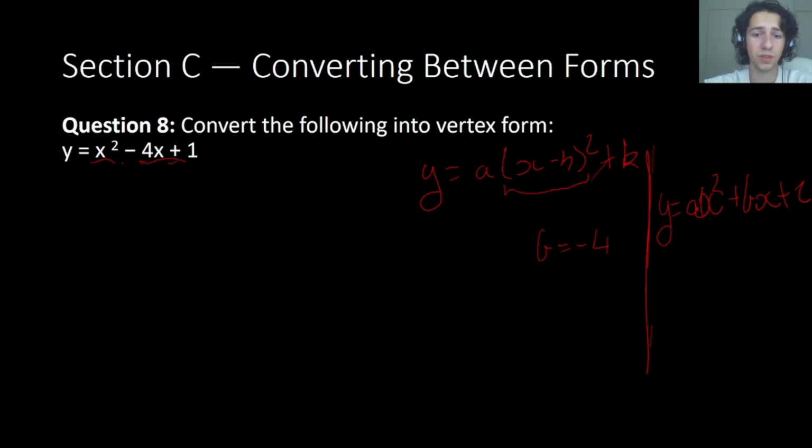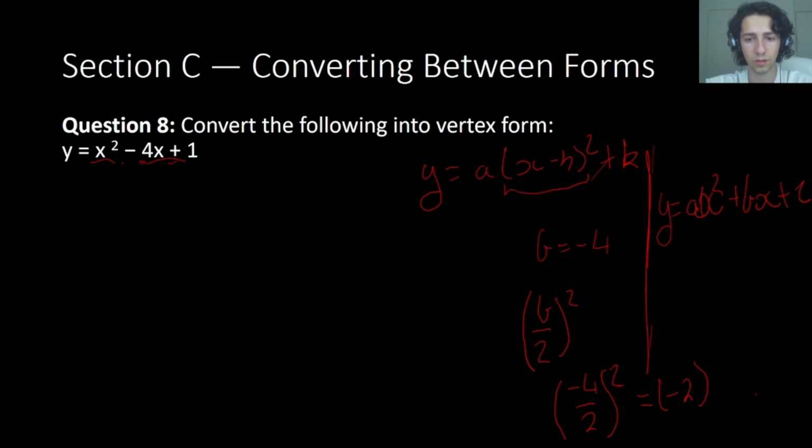And what we're going to have to do is use a little formula here. We do b divided by 2 squared. We're going to have -4 divided by 2 squared. It's going to be equal to -2 squared, which is going to equal 4.